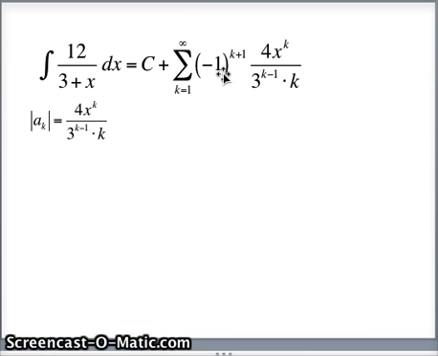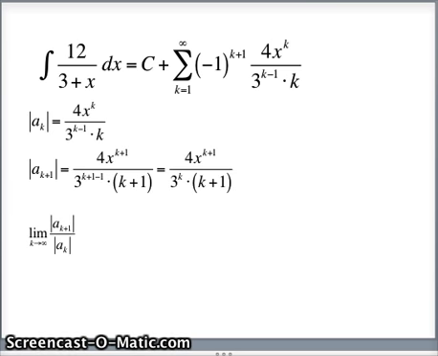The absolute value of negative 1 to the k plus 1 is really the absolute value of either negative 1 or 1, which of course is 1. Now, the absolute value of a sub k plus 1, replace all the k's with k plus 1. So we get 4x to the k plus 1 over 3 to the k plus 1 minus 1, and then k plus 1. And of course, 3 to the k plus 1 minus 1 is just 3 to the k.